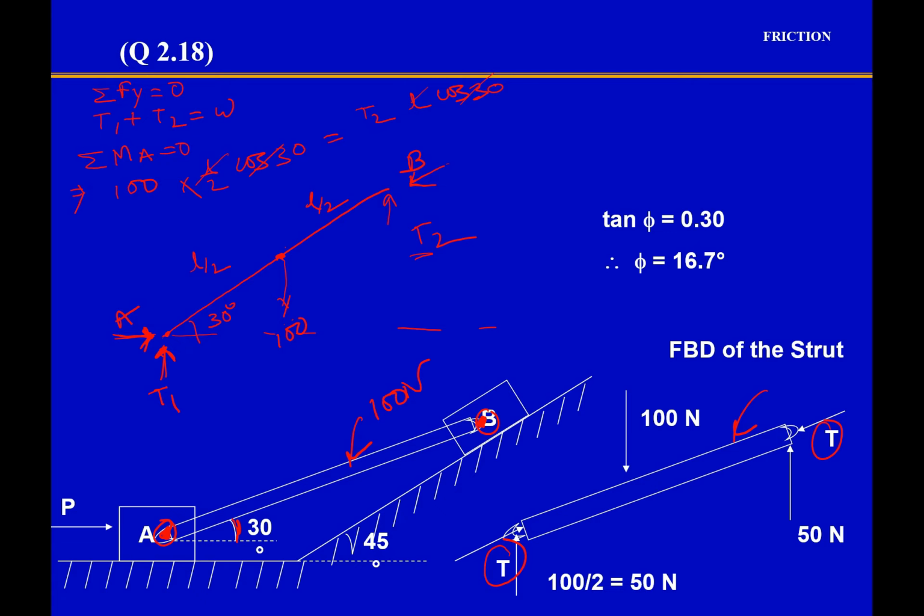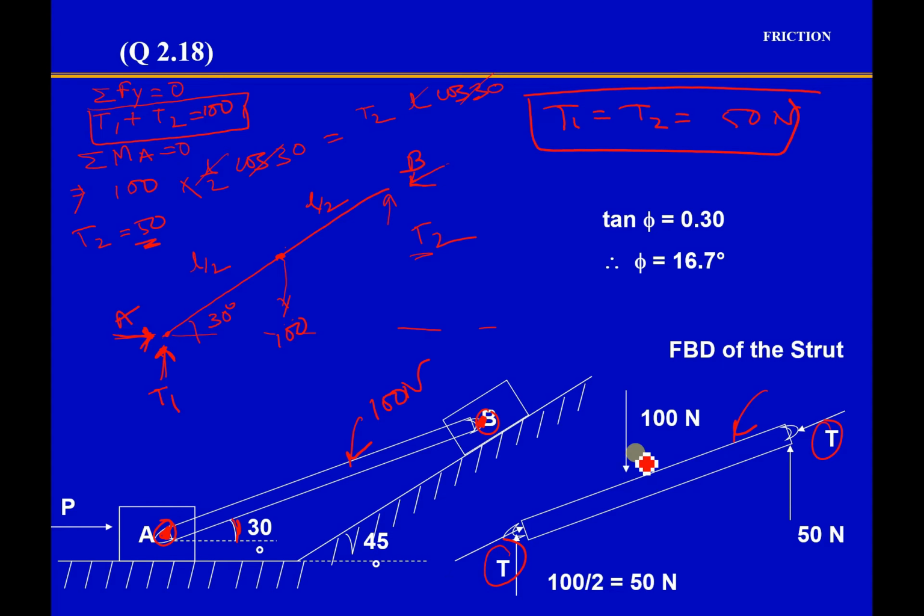L cos 30 we can remove, and if we solve it, we find T2 is equal to 50, right? If T2 is equal to 50, and you replace it in this equation, where W is basically your 100, you get T1 is equal to T2 is equal to 50 Newton.